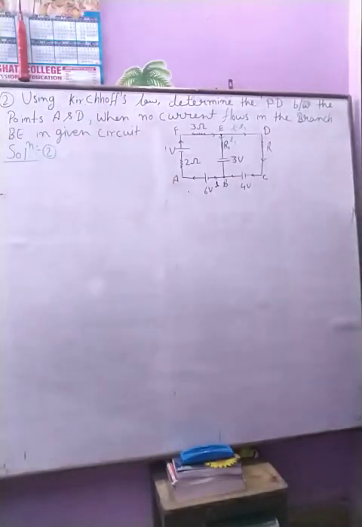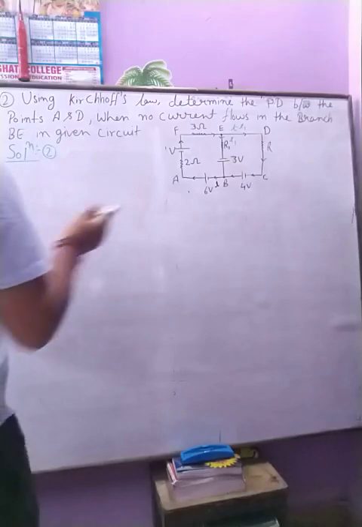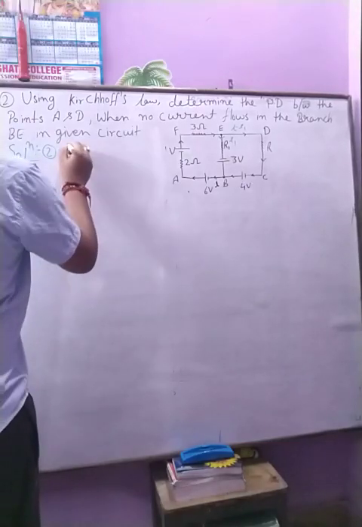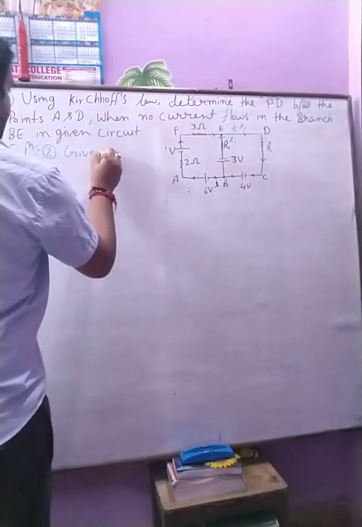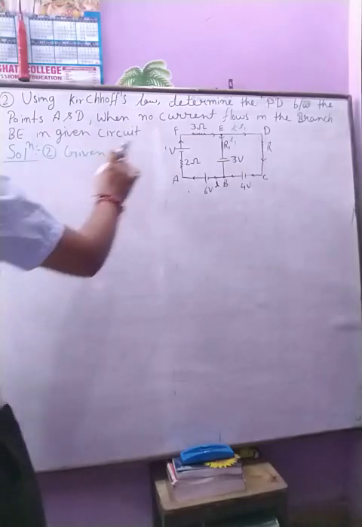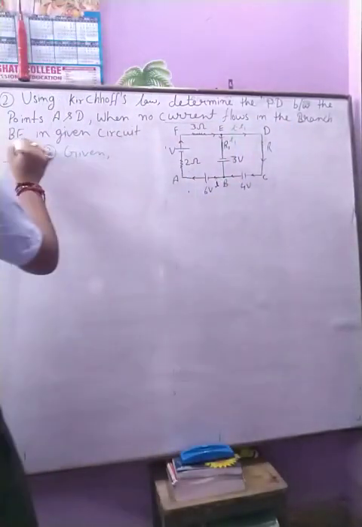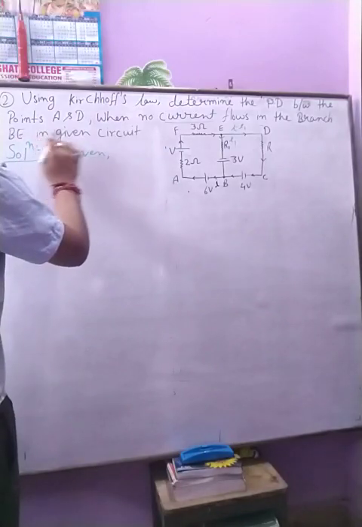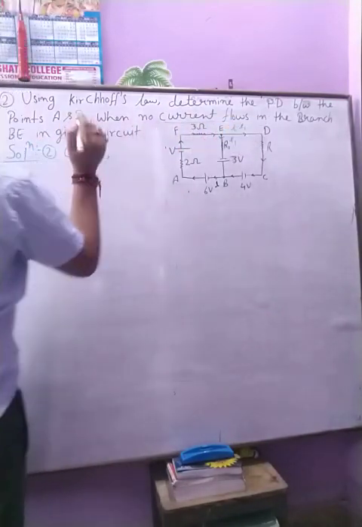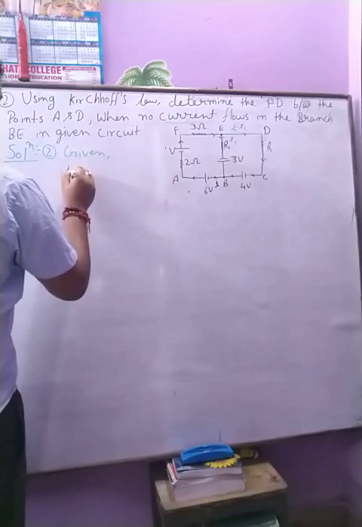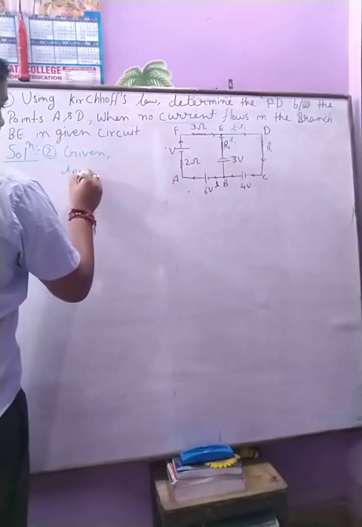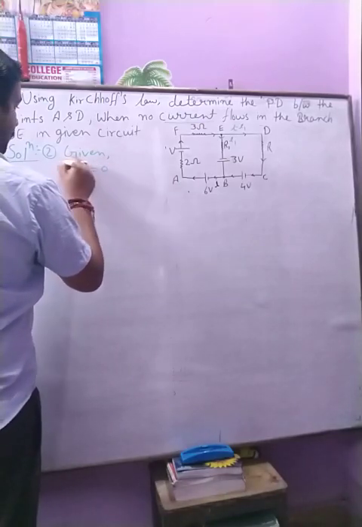Now, understood about this, what we have given. In this question, no current flows in branch BE, that is IBE is 0.